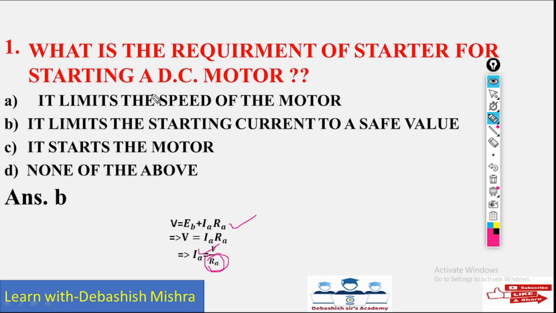So the purpose of the starter is to limit the starting current to a safe value, because IA is very high at starting. We have seen in our experiment there is a starter, and step by step we give the supply, as you have seen in your laboratory. Going to the next question.